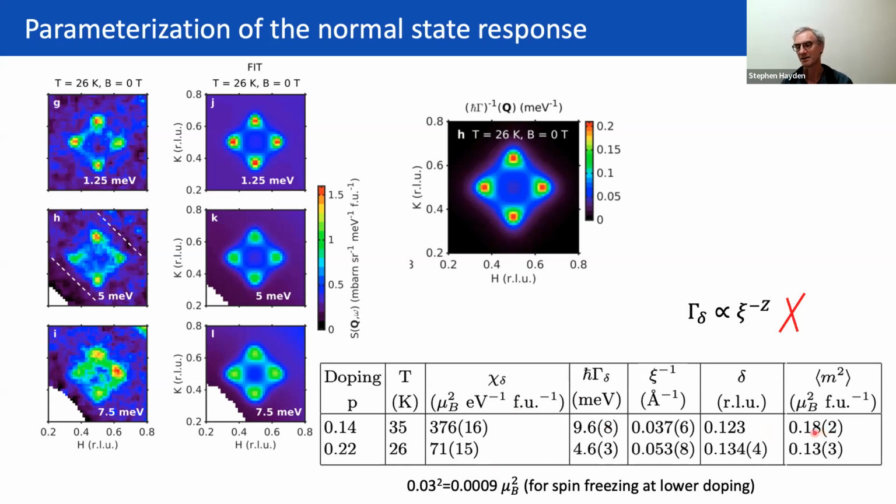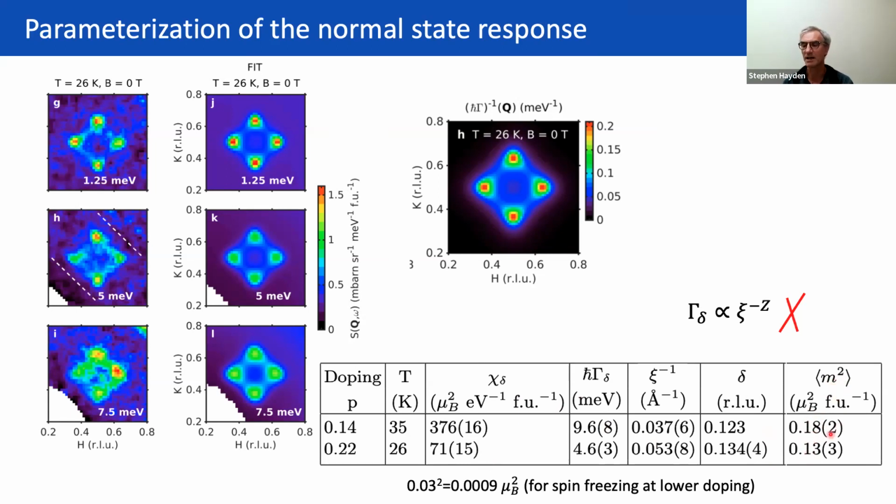The other interesting thing, as Peng Chen said earlier on, is that you can put things in absolute units. So we can work out what the fluctuating moment is for this piece of the cross section that we fitted with the function I just showed you. The moment squared comes out as 0.19 Bohr magneton squared. When you do elastic scattering and sum it up, you get the moment squared.